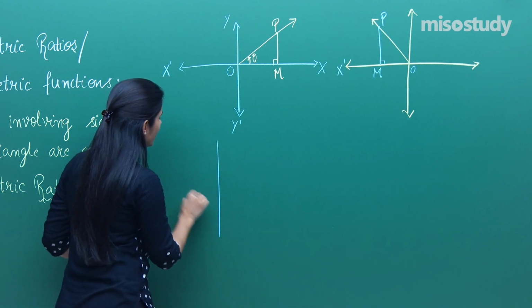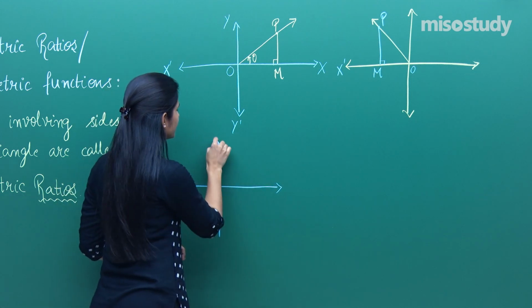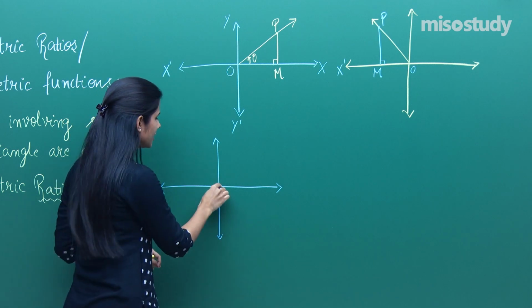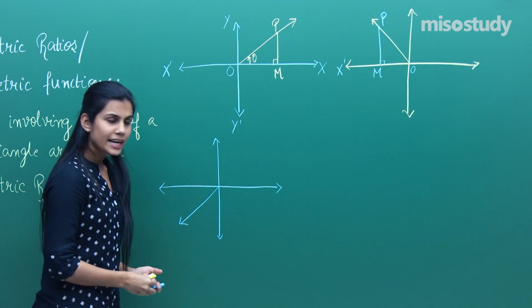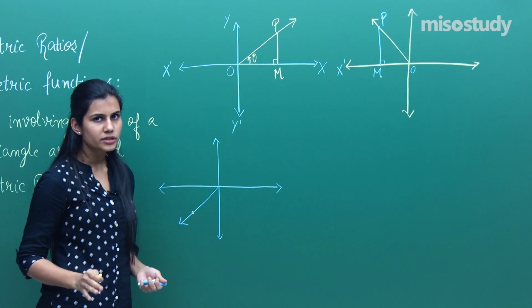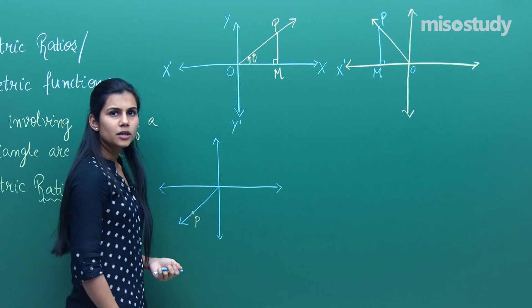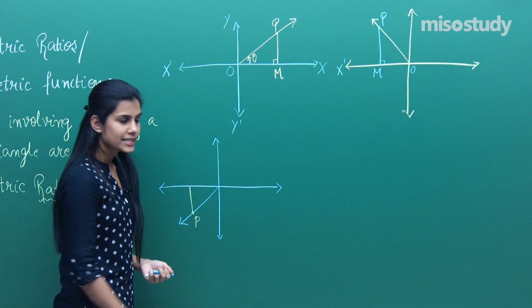The third way in which I can get my triangle of reference is if the terminal side lies in the third quadrant. Take a point P on the terminal side. We need to follow the exact same procedure: drop a perpendicular on the x-axis.